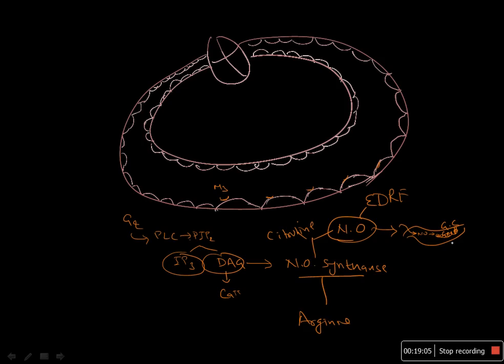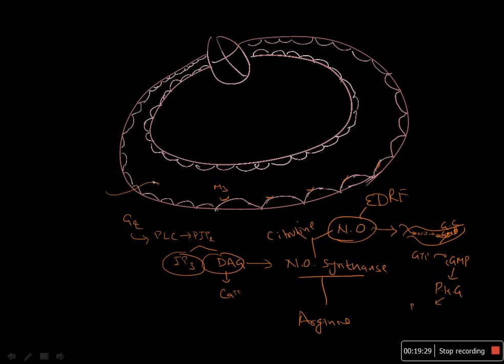Once it activates guanylyl cyclase, it would convert GTP to cyclic GMP, and once this cyclic GMP is formed, it would activate protein kinase G, and this protein kinase G would phosphorylate myosin light chain kinase, and thus it will relax the smooth muscle.